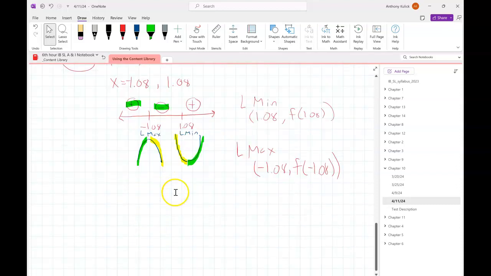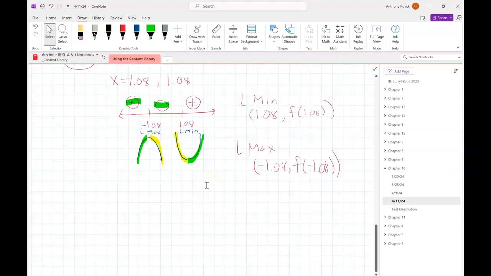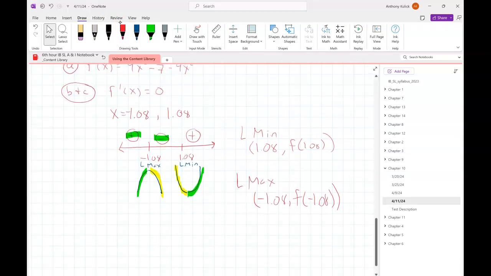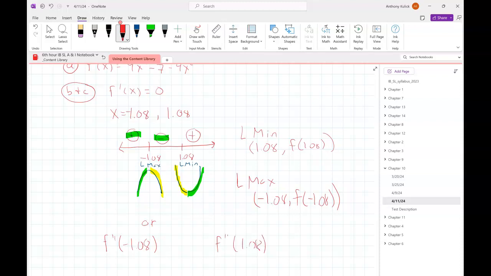The second derivative test, if we wanted to do that, what we would want is the value of the second derivative at negative 1.08 and positive 1.08.